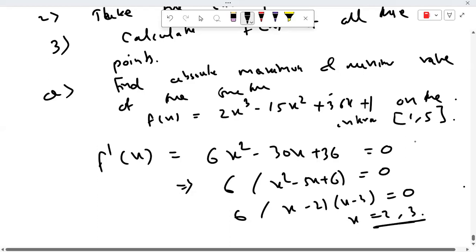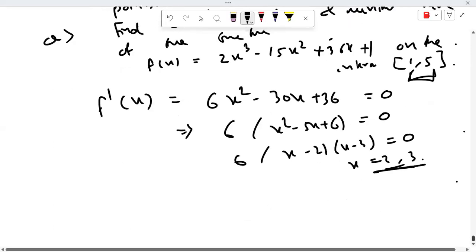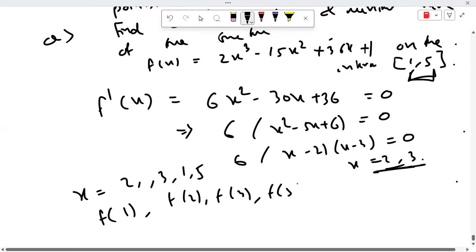With this, we'll take the endpoints of the interval also. So the final values of x we have are 2, 3, 1, and 5. Now all you have to do is find f of 1, f of 2, f of 3, f of 5. Whichever is maximum is the maximum value, whichever is the minimum is the minimum value.